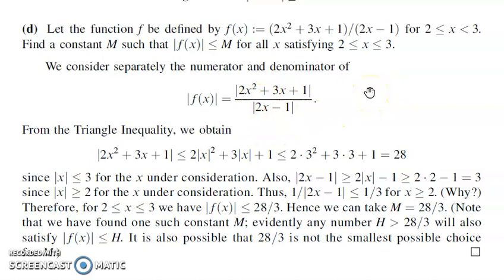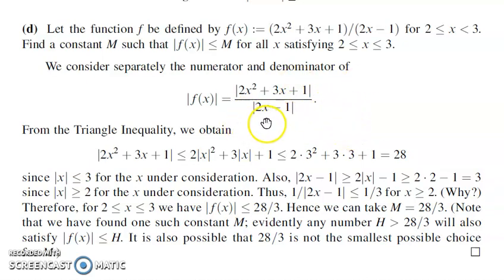So we have to find a number m which is of the form p by q, where the numerator modulus of 2x square plus 3x plus 1 is less than or equal to p, and 1 by modulus of 2x minus 1 is less than or equal to 1 by q.